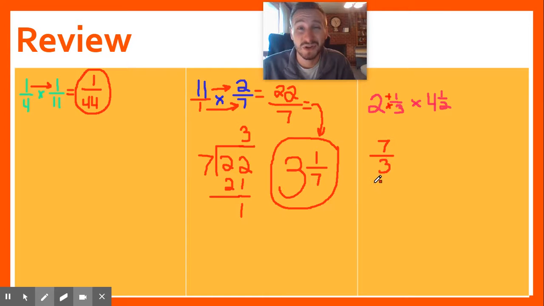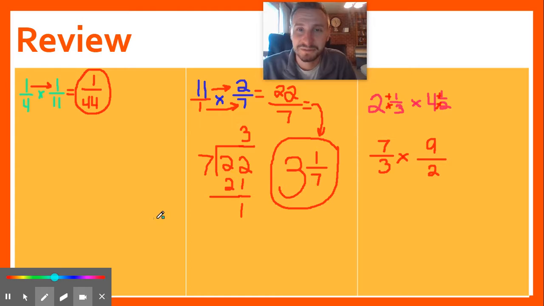So this is 7/3. Let's do the same thing for this mixed number. 2 times 4 is 8, plus 1 is 9. So we have 9 halves. So we put a 2 on the bottom because the denominator stays the same. So we've changed our mixed numbers to improper fractions, and now we can multiply them.